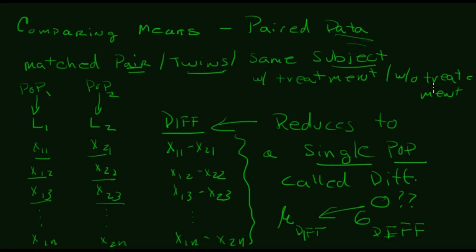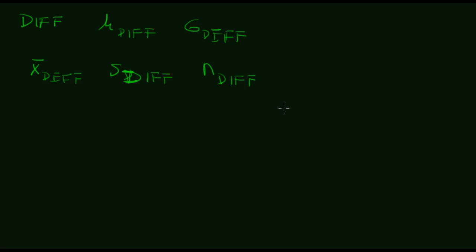So let's dig a little bit further here. We have this new population called diff, and it has a mean and a standard deviation, right? If I sample the differences, I can find x bar of the differences, a standard deviation of the differences, and the size of the sample of the differences that I am taking.